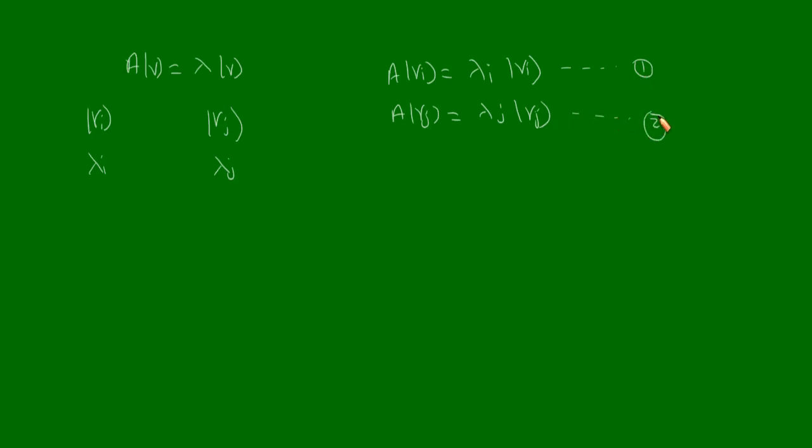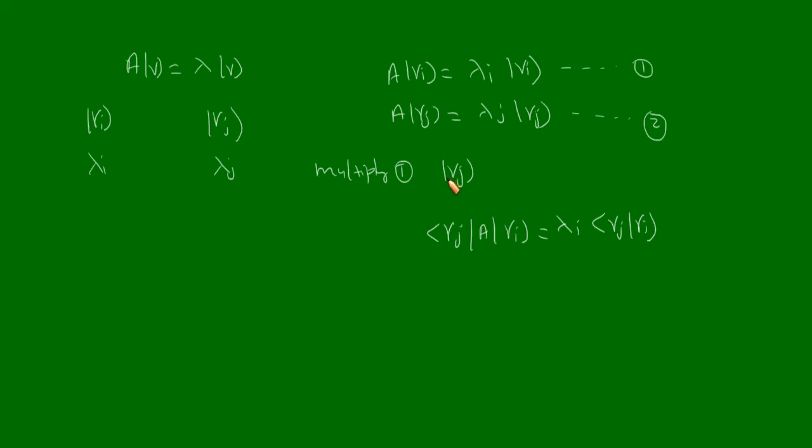Now let us multiply the first equation by Rj. So here I am multiplying equation 1 by Rj. So you will get Rj A Ri is equal to lambda i times Rj Ri. Now let us multiply the second equation by Ri.